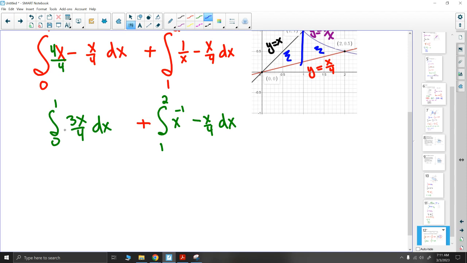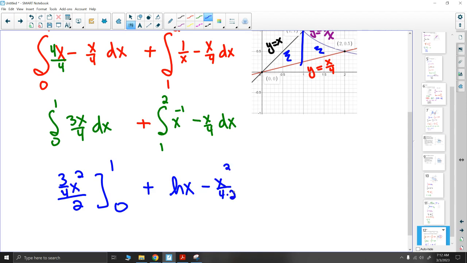So the integral of 3/4 x is going to be 3/4 x squared over 2 from 0 to 1. And over here, we're going to add that to natural log of x minus x squared over 4 times 2 here. And we're going to do that from 1 to 2.